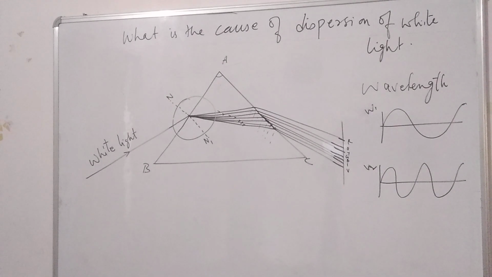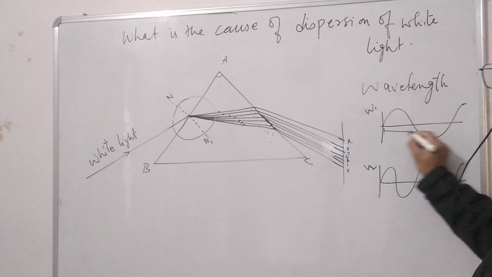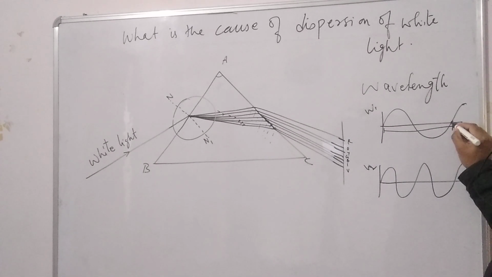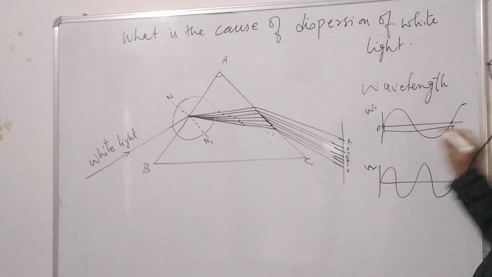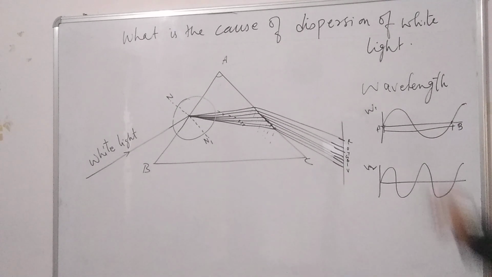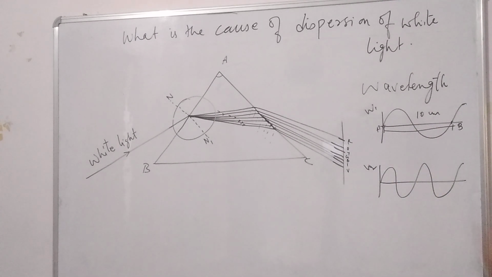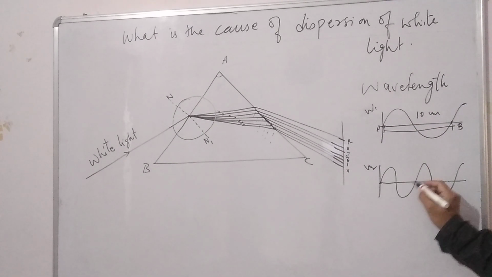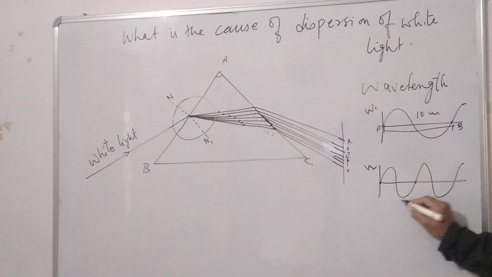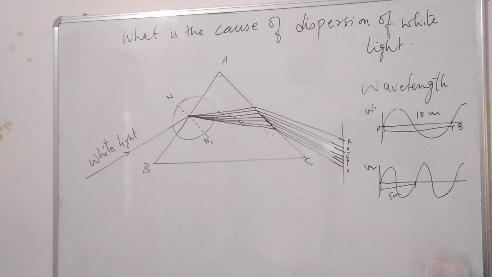You see, to complete one wave, that is from point A to point B, one complete wave of crest and trough takes about 10 centimeter. And here, to complete one complete wave, it takes 5 centimeter.